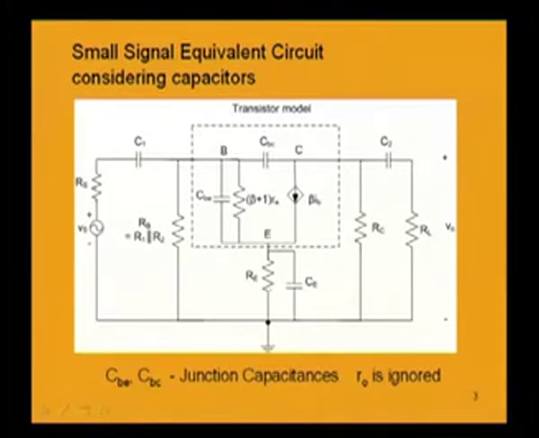If we remember what the voltage gain of an amplifier is, it is equal to beta times RC parallel RL divided by beta plus 1 Re when this capacitance is short circuiting. But when this capacitance is not short circuiting, then there will be this resistance and this resistance coming together in series.